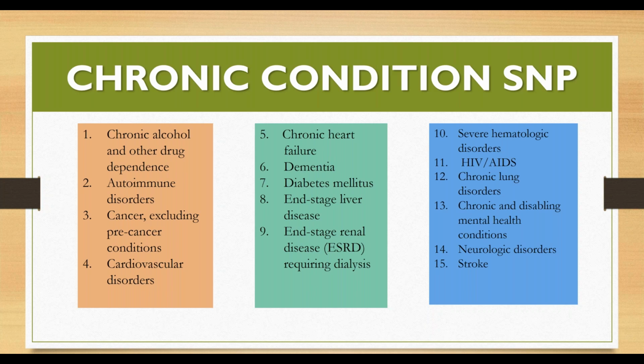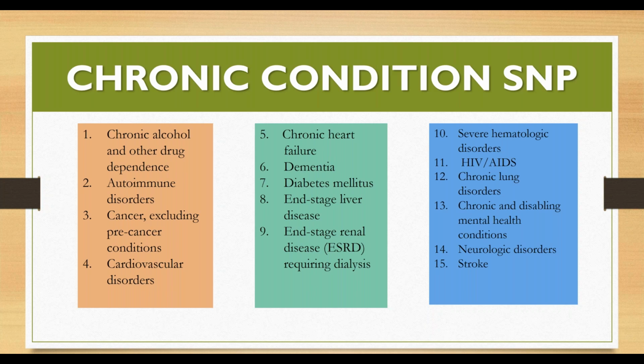Some hematologic disorders. They're talking about things like hemophilia, and there's sickle cell, and there's a few others. HIV and AIDS, there's one for that. Chronic lung disorders, but we're looking at asthma, chronic bronchitis, pulmonary fibrosis, pulmonary hypertension. So there's a few that are allowed in there. Chronic and disabling mental health conditions. These could be like being bipolar, major depressive disorders, paranoid schizophrenia.